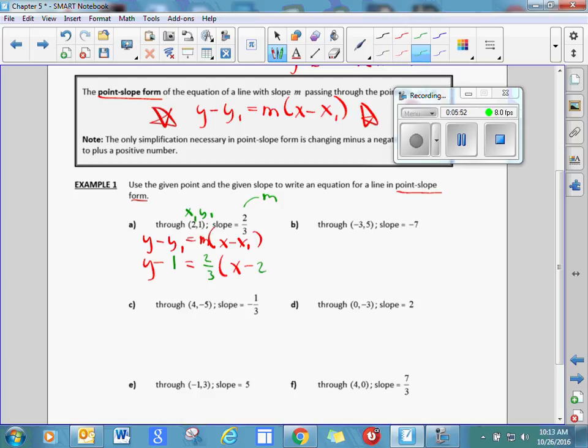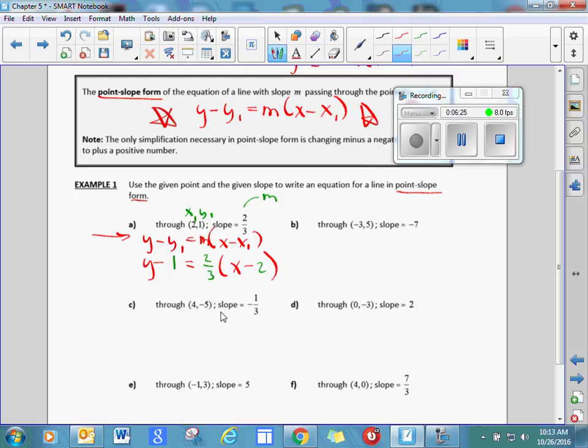These are the three values that I wrote in green that we are plugging in to the formula that we're starting with right above it. You're plugging in your slope, your y sub 1 and your x sub 1. And you don't simplify it any further. It wouldn't be in point-slope form if you simplified this. If you distributed and collected like terms and moved stuff all around, it would not be in point-slope form anymore. So we're going to leave it like this.